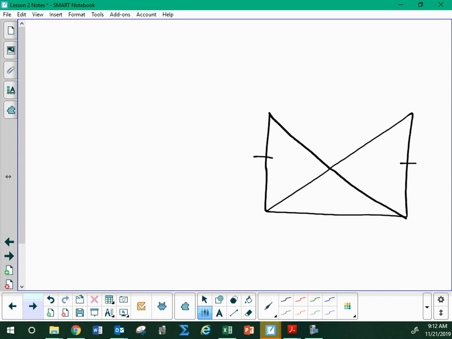I like your thinking. So you got the idea, but the wrong set of angles. We're getting the alternate interior. Alternate interior. Corresponding. That doesn't work either because alternate interior is on the other side.